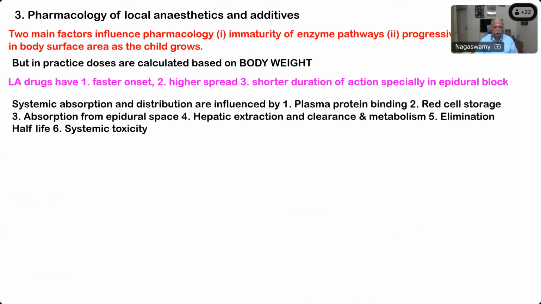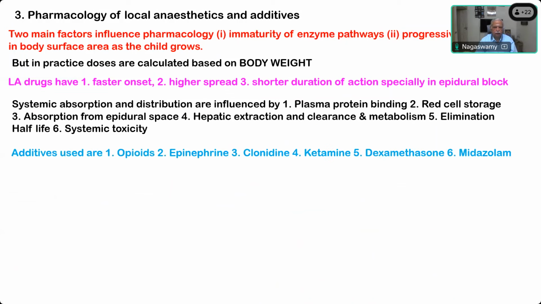And systemic absorption and distribution is influenced by plasma protein binding, redistribution, storage, absorption from the epidural space, hepatic extraction and clearance and metabolism, elimination half-life, and systemic toxicity. All these factors determine the LA toxicity effect.